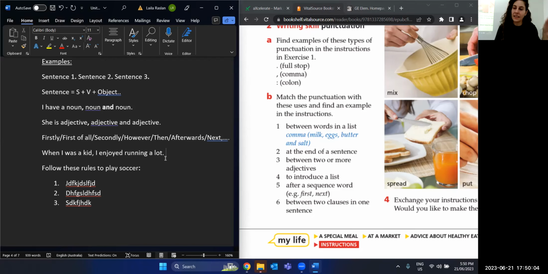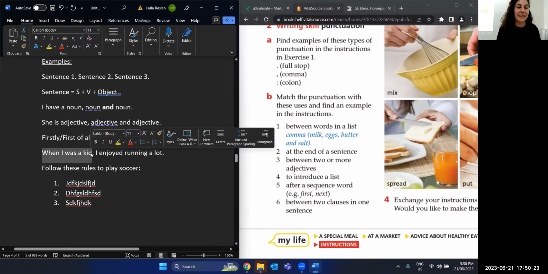A clause just means like a sentence. Sorry, a clause is not a sentence. It's like a subject and a verb. It's a piece of information, but it's not complete to be a sentence by itself. For example, "when I was a kid," full stop, that's not a complete sentence. So that's what a clause is.